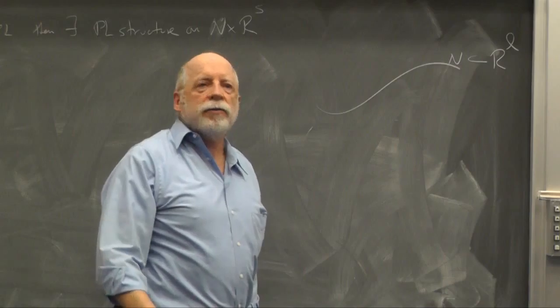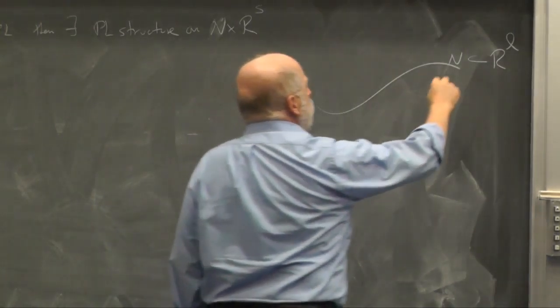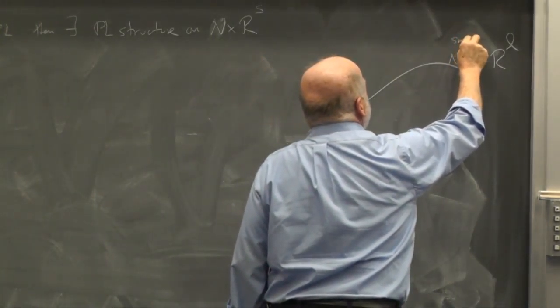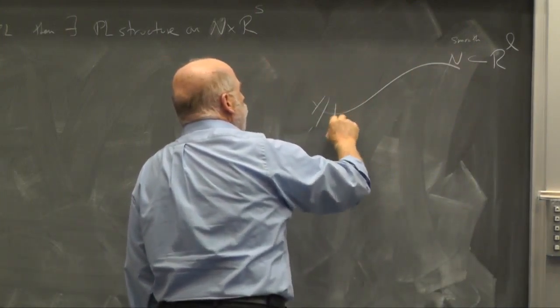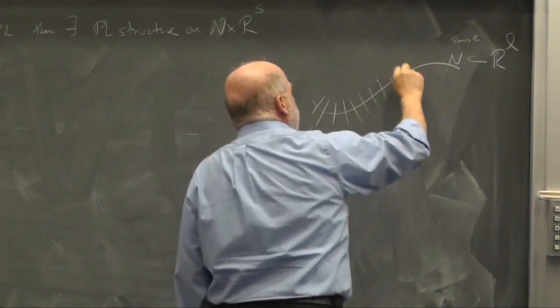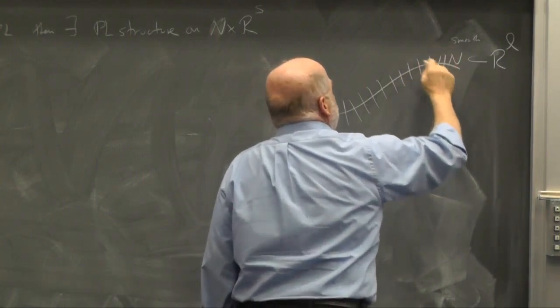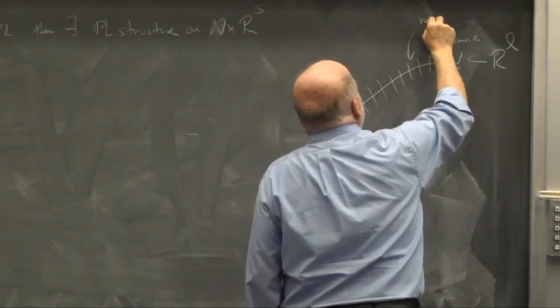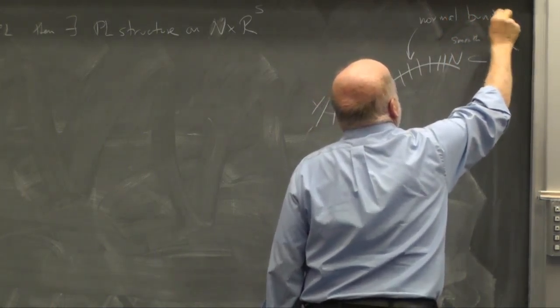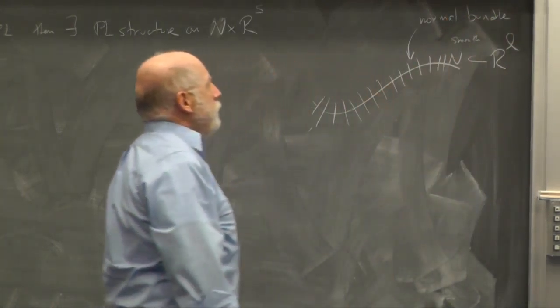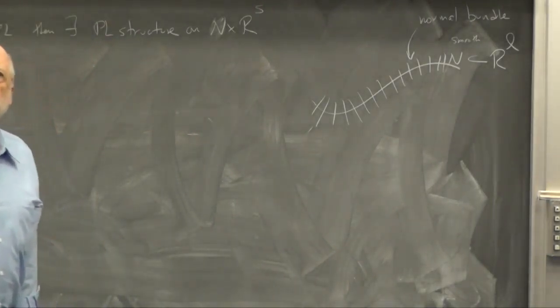You can embed a smooth manifold. So this is a smooth N, and so it has a normal bundle. So this is its normal bundle. I've just drawn it there.